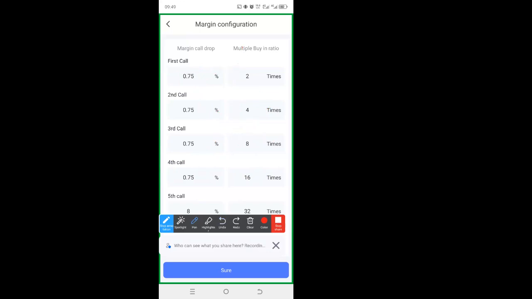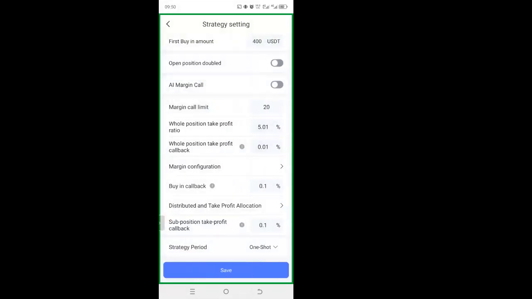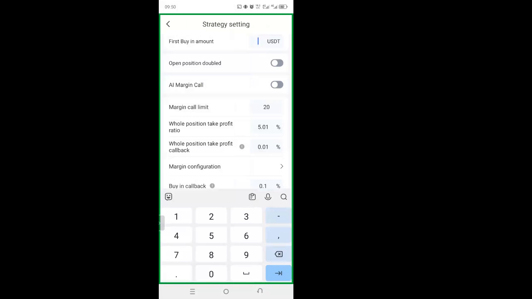Now, imagine that after using this, you come and edit again and say, okay, after using the 400 as the first buying amount, I want to use another first buying amount, like 15. You put your 15 here.